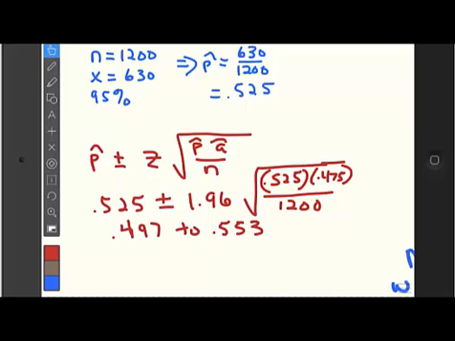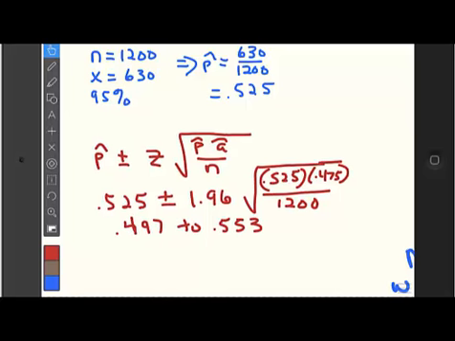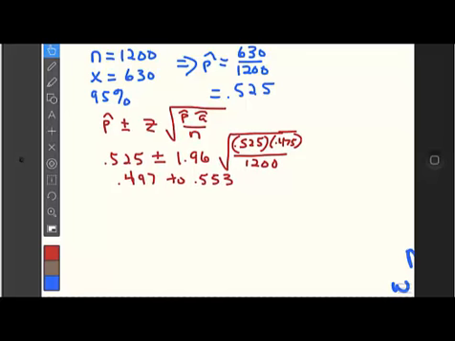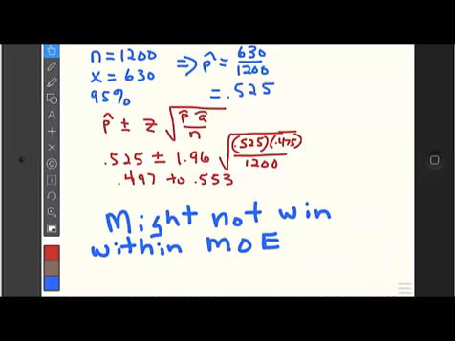But either way, it does include 0.5 and numbers less than that, so there is the potential that this candidate might not win the race. We're within the margin of error. Okay, and that's what I have for our first video on the confidence interval for a single population proportion.